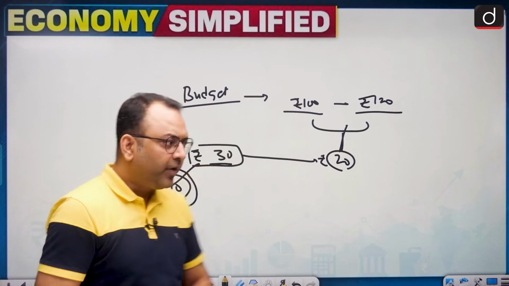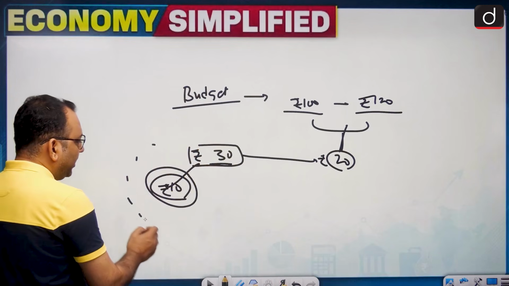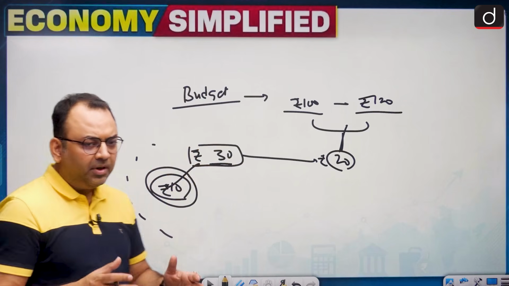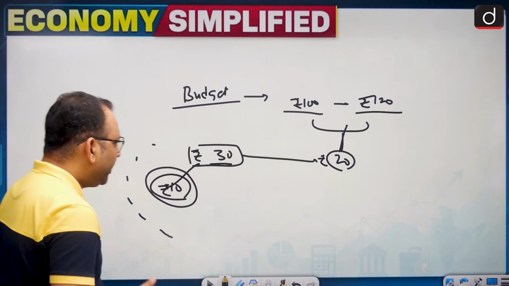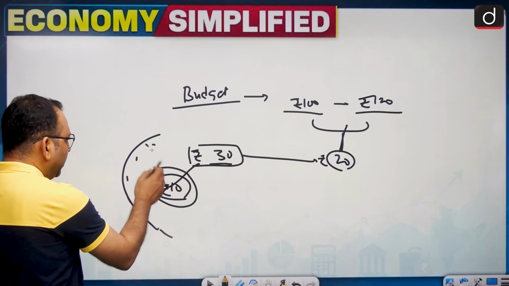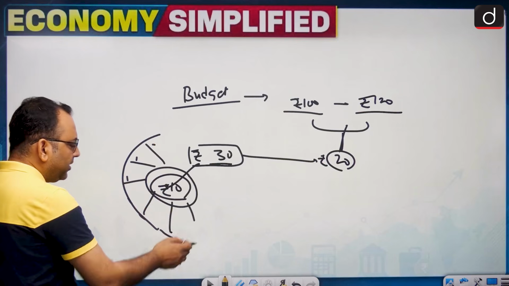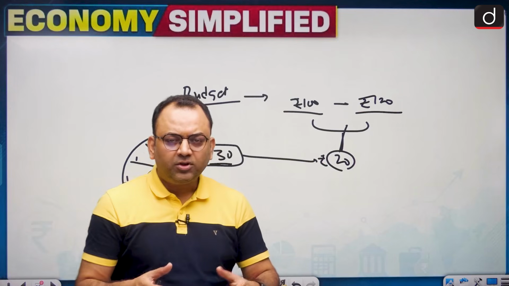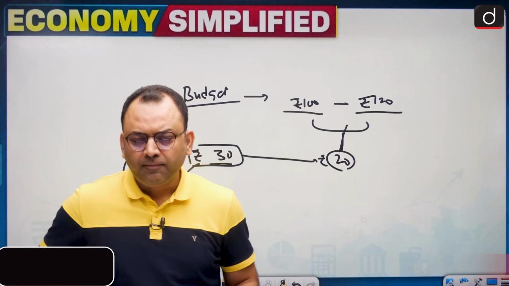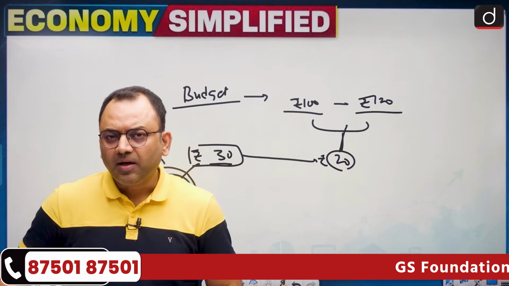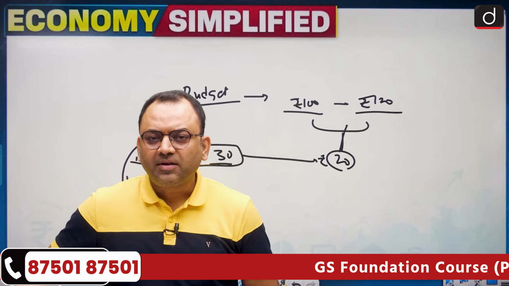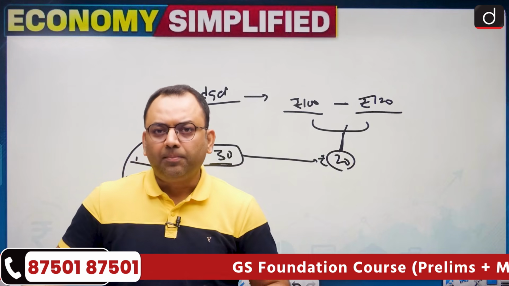So when too many people, meaning the private sector, the borrowers, the businesses, are chasing too little money, this leads to a situation called crowding out. A small amount of money is being chased by a large number of people. As a result, the interest rates go up.